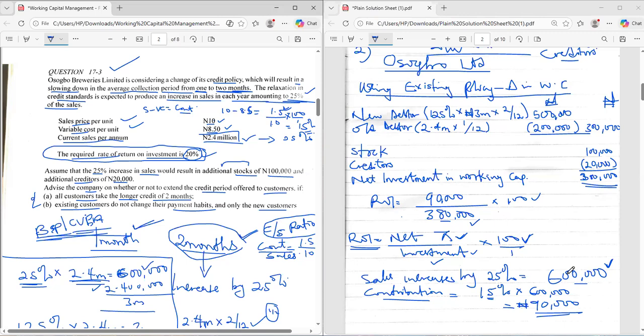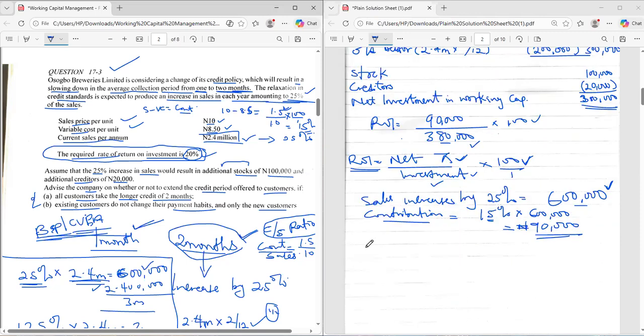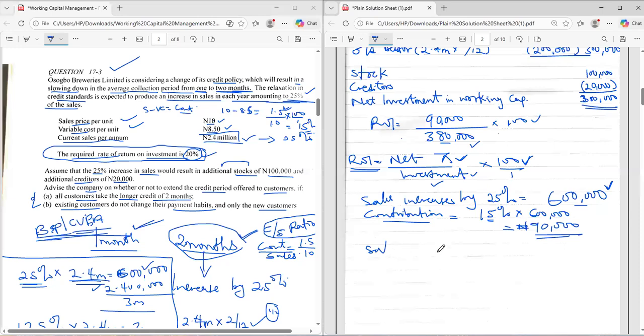I don't know if I'm making sense now. So if the sales is 25% and your contribution is 15%, it therefore means that your variable cost is how many percent? 10%.